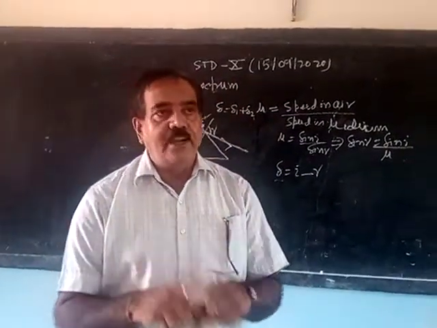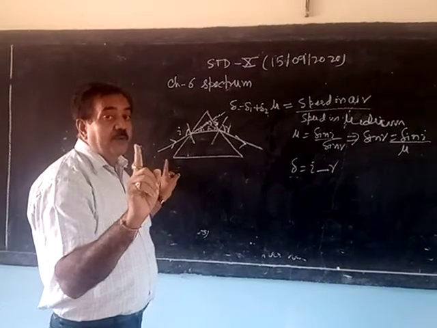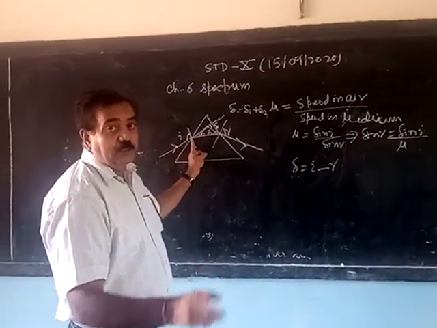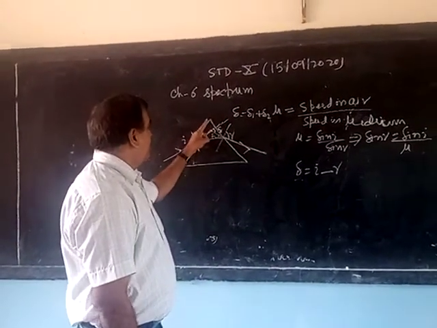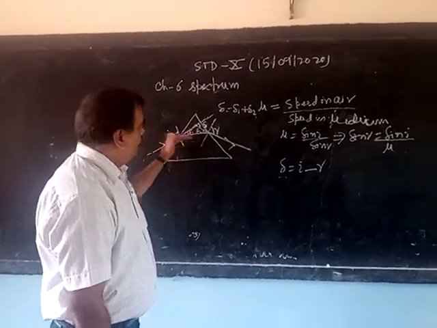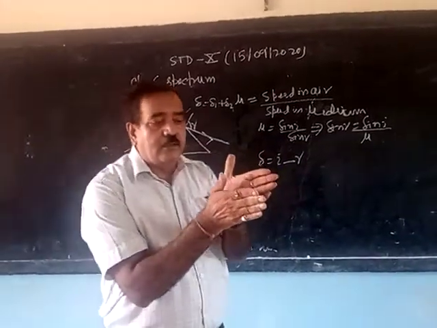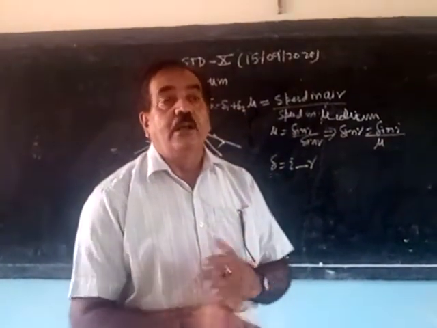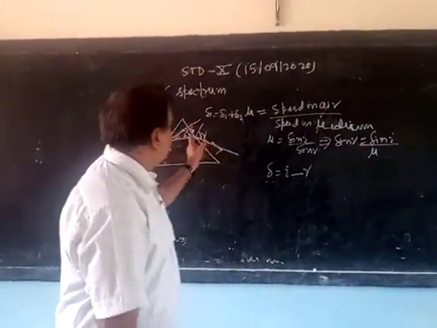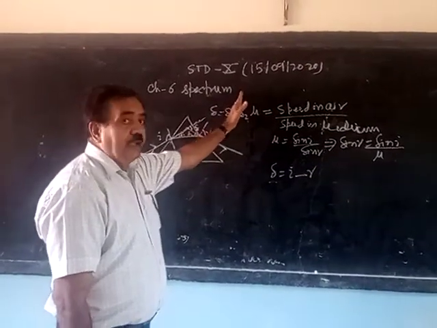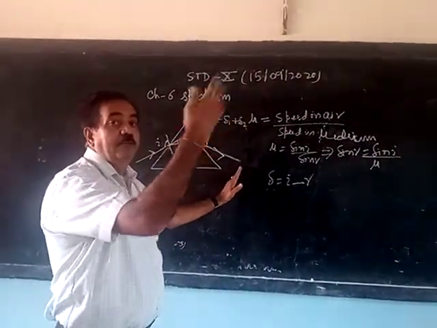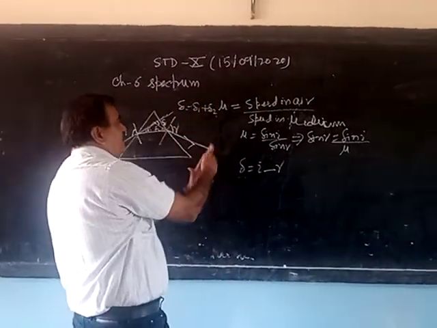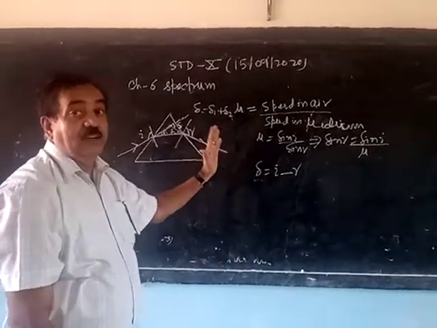So when monochromatic white light, I am using the word monochromatic white light, falls on the glass, when entering the glass, its refraction will be different. Why different? Because in the other medium the speed will change. When it emerges out, again they are different. Because of the different speeds, we can obtain all the 7 colors. If we put a screen over here, we can obtain all the 7 colors.